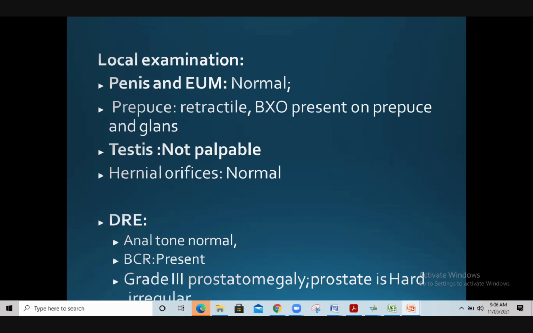No. Now you have got grade 3 prostatomegaly. Prostate is hard and irregular. Want to know anything more? That's it, ma'am.